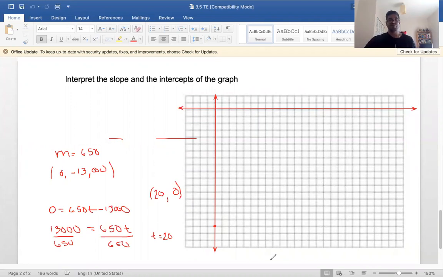We can also go to (20, 0). So this is (20, 0). This is (0, negative 13,000). And now I can connect these two points, and I have a graph for our equation.